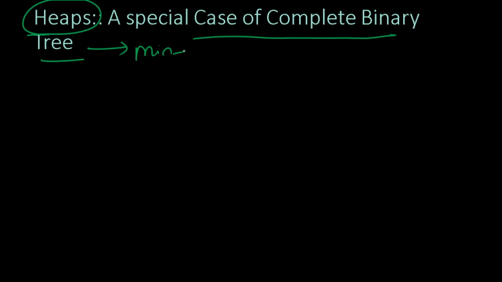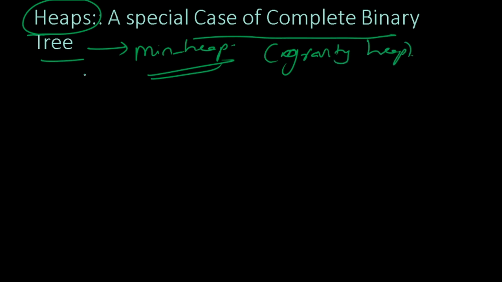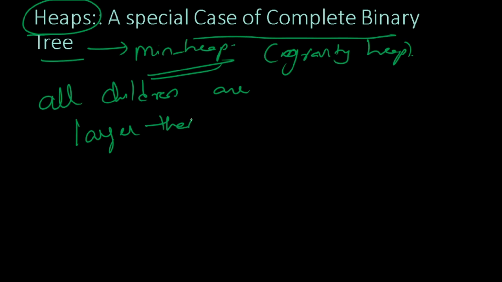For our example, we'll use a min heap. Okay, we can also look at a max heap, but let's look at the min heap, which is like a gravity heap. A min heap is a heap where all children are larger than the parent, and it's a CBT, a complete binary tree.